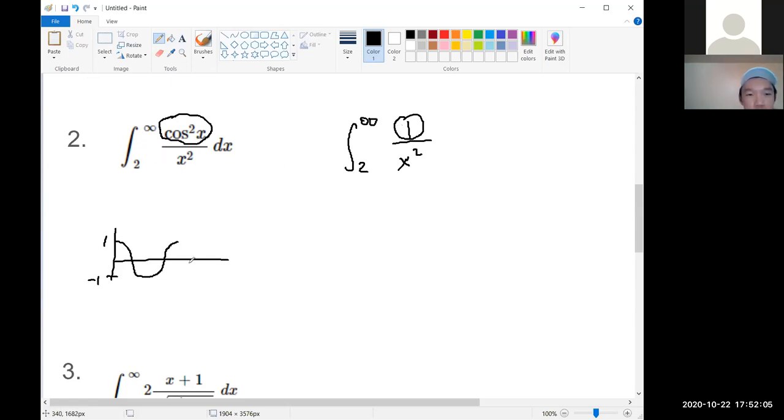Because the range of cosine goes from -1 to 1, like it oscillates between -1 and 1. So it's always going to be less than this numerator. Are you guys okay with that?